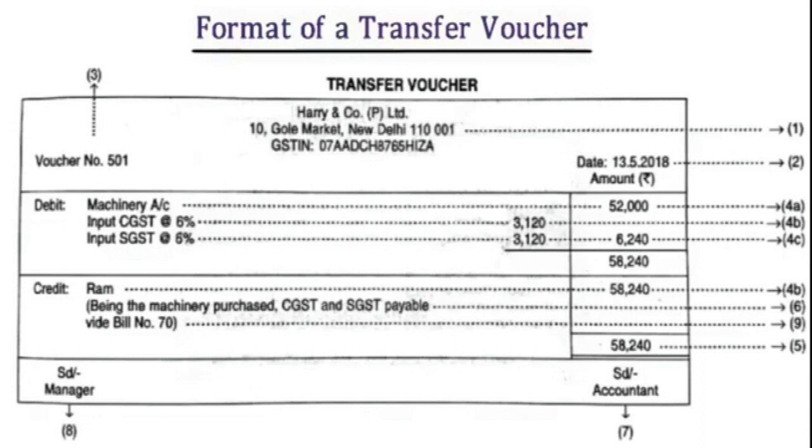The third number is the voucher number. The fourth number we have here is the titles of the accounts debited and credited. That means which accounts we are debiting and which accounts we are crediting.